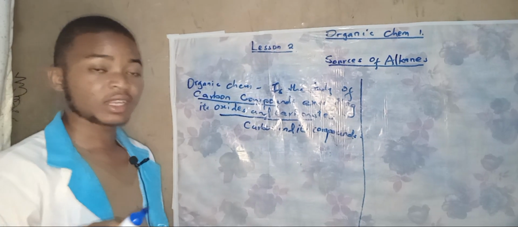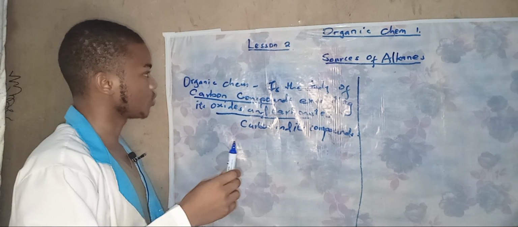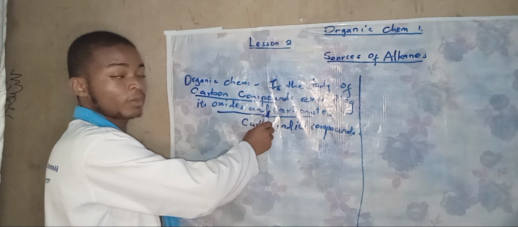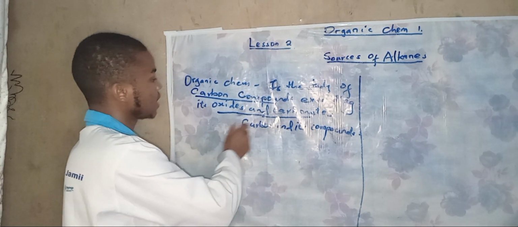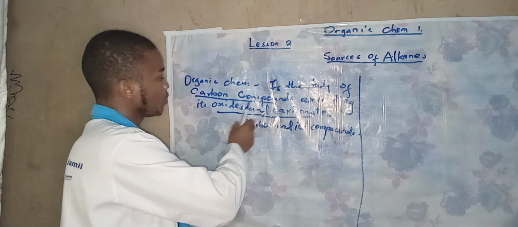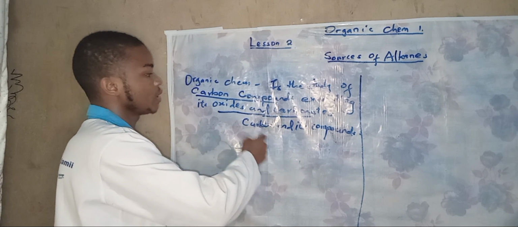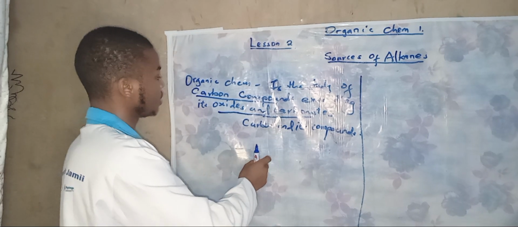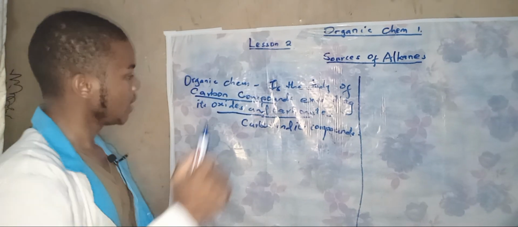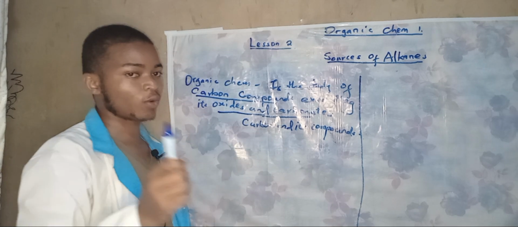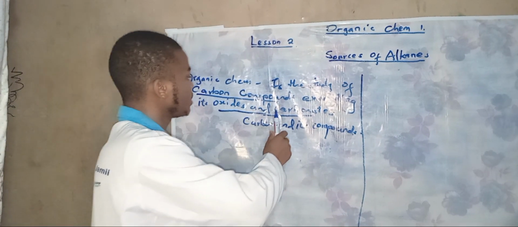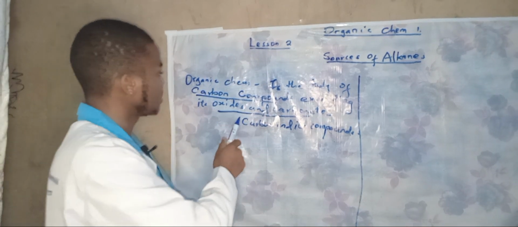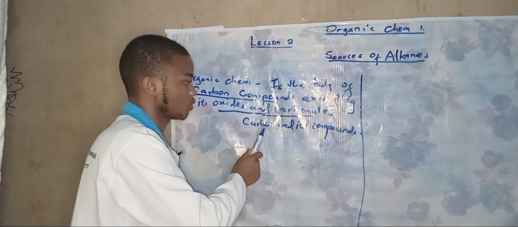So in the last lesson, we defined organic chemistry 1, whereby we said it's the study of carbon compounds excluding oxides and carbonates. It means that we don't include any oxide of carbon, or any carbonate, while studying organic chemistry 1.